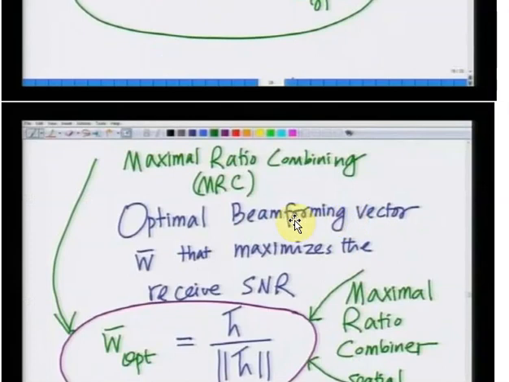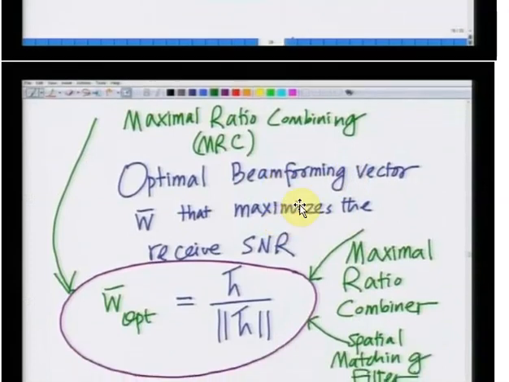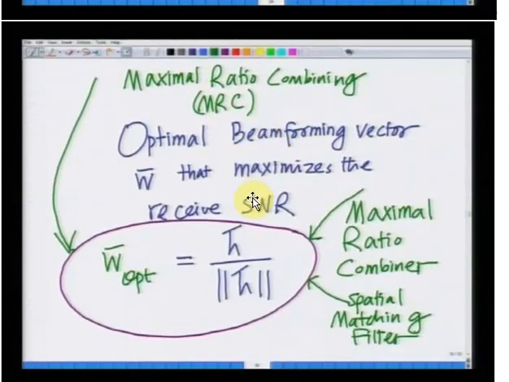So this is why this system is called maximum ratio combining. The maximum ratio combiner gives an optimal beamformer W bar that maximizes the received SNR.